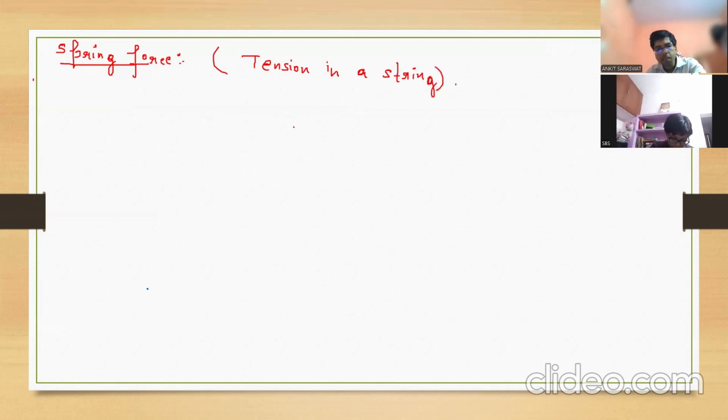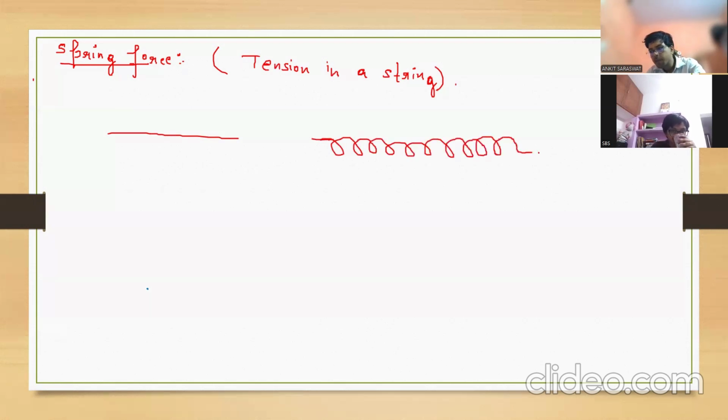For example, this is a string. But if I make this string coiled like this, it becomes a spring. Clear?